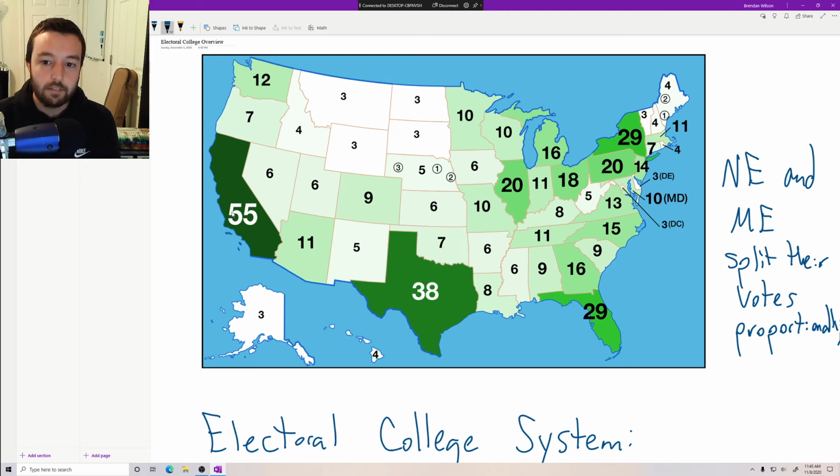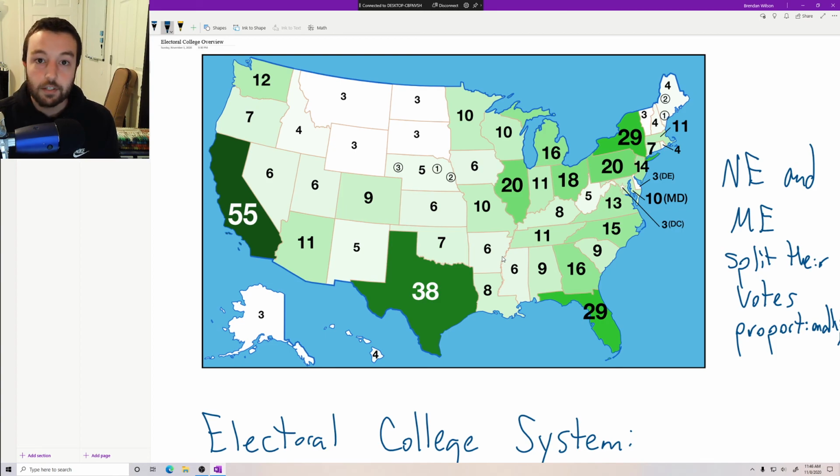So it doesn't matter if he loses by 1 vote or 5 million votes in California. He's still only getting, or the Democrat would only be getting, 55 of those votes. So he won more states overall, and thus he won the election while not winning the popular vote.